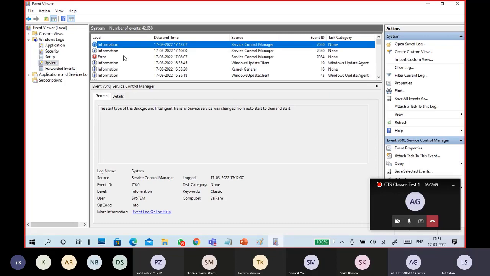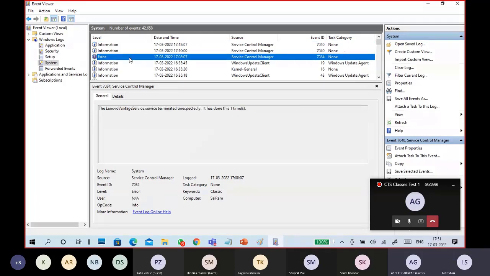System means your physical machine related: drivers, functionality of your machines, services, mostly kernel related, hardware based processes, disk based processes, disk partitioning related, network related. Everything is stored in the system.